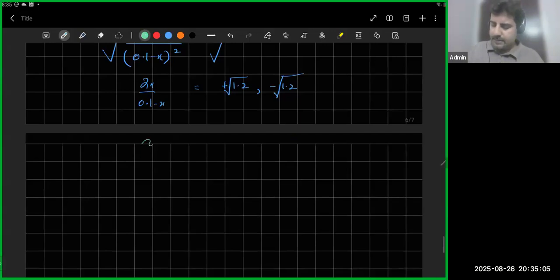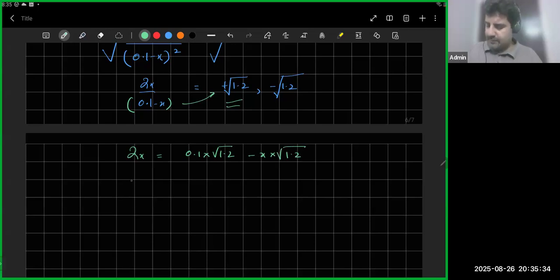Okay, so we're going to solve for two situations. So 2x, and if I take 0.1 minus x, I'm solving for this one. So this goes on the other side, so it's going to be 0.1 into 1.2 under root, and then minus x times 1.2 under root.